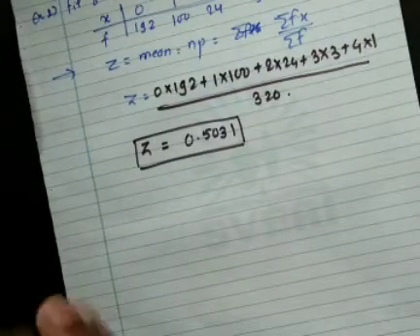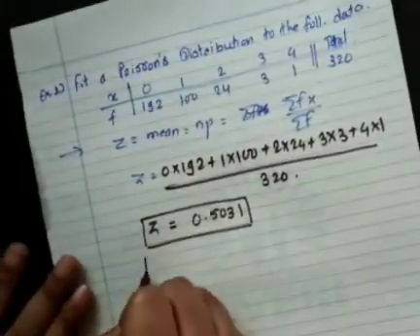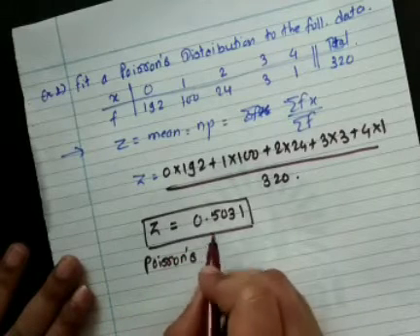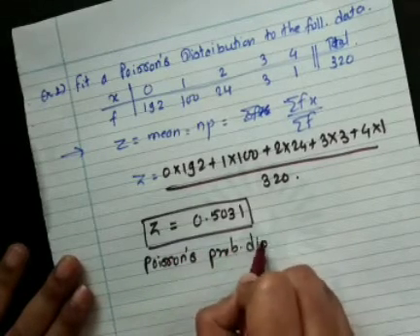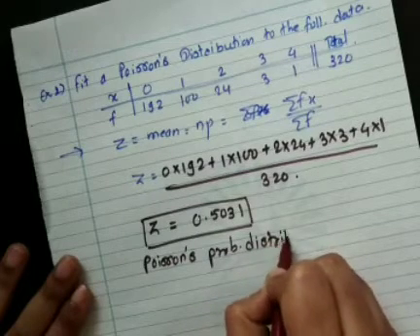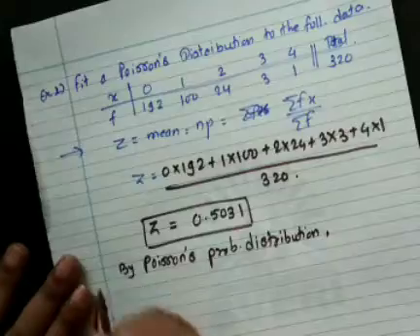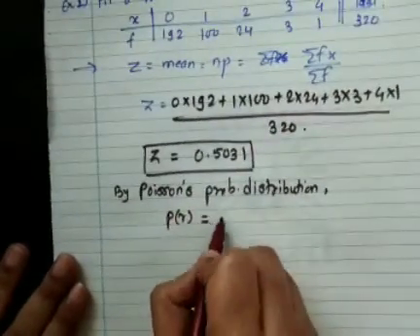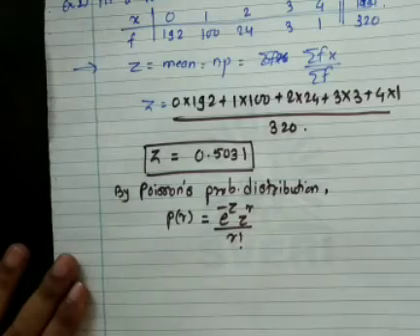We have Z, and we know we have to put Poisson distribution. So Poisson's probability distribution is probability of R is equal to e raised to minus Z, Z raised to R upon R factorial.